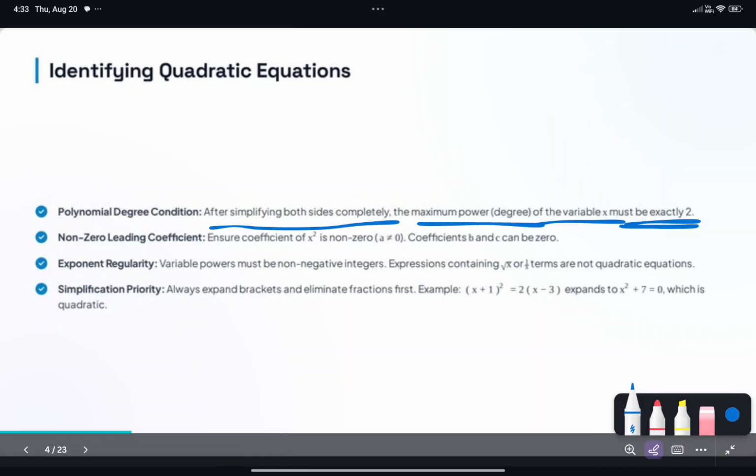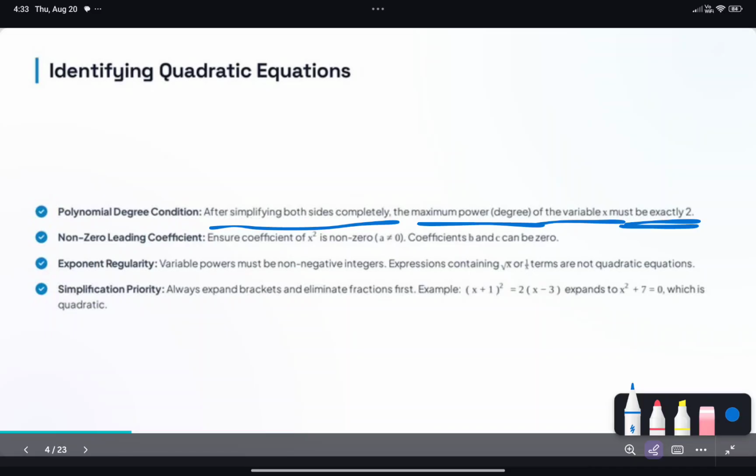In ax square plus bx plus c, b may be 0, and it becomes ax square plus c only. If b equals 0 and c equals 0 also, then ax square only is left. Multiplying 0 with any number gives 0 only. Clear?